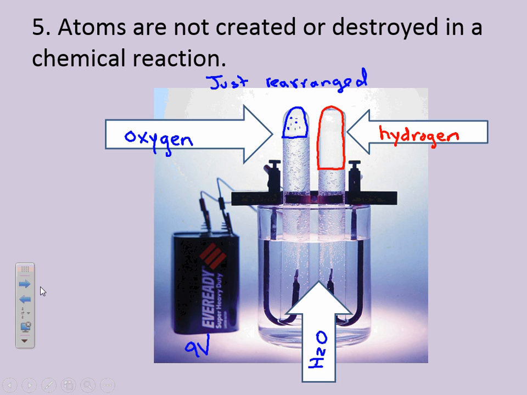Now, how do I know that the part I outlined in red is hydrogen? Notice it's about twice as much gas. Remember, our ratio was 2 hydrogen atoms to every 1 oxygen atom. And with gases, if they're at the same temperature and pressure, you can compare them completely.